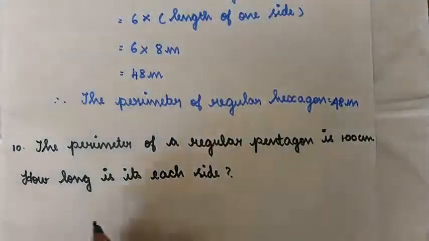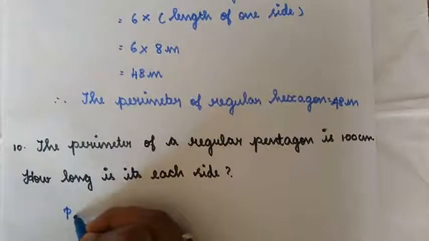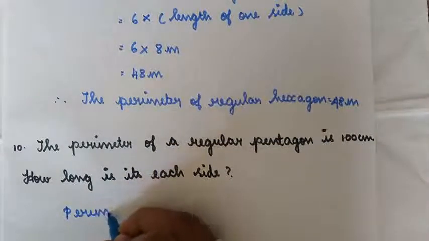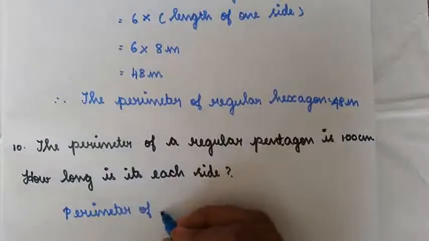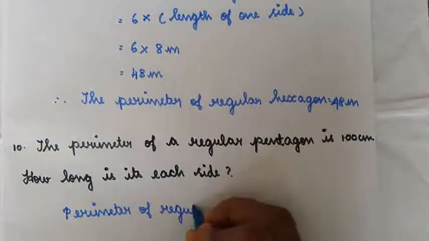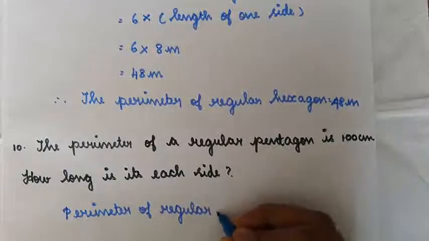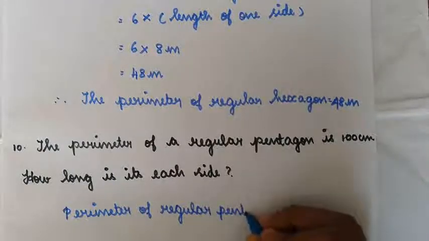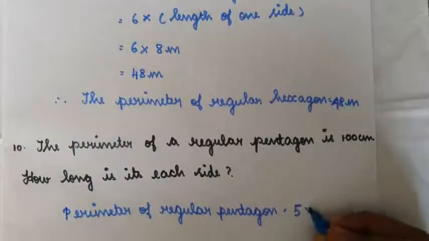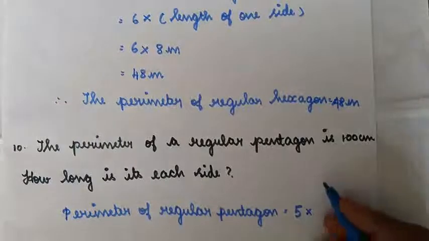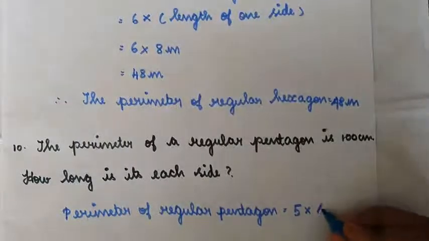So we have to find perimeter of regular pentagon is 5 sides and length of one side.